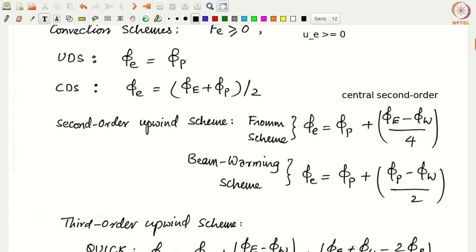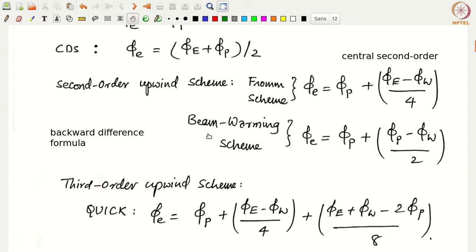Then you obtained essentially the Fromm scheme. If you had used a backward difference formula for the first derivative, then you essentially obtained a scheme that is known as the Beam-Warming scheme. Basically you had the Taylor series expansion, phi P plus partial phi partial x, and that is where we have used these two definitions for the first derivative.